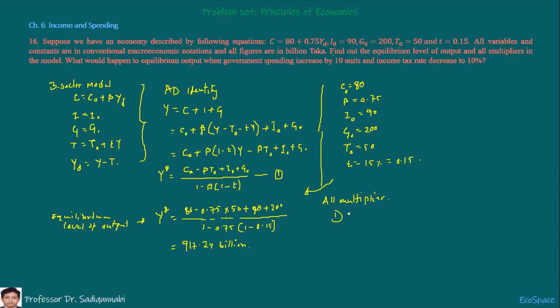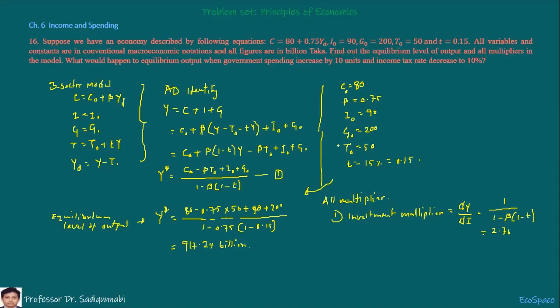First, investment multiplier equals dy di equals 1 by 1 minus beta (1 minus t), which is equal to 2.76 if we insert beta and t.